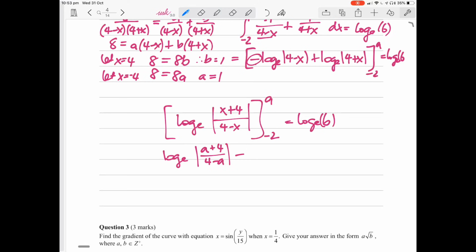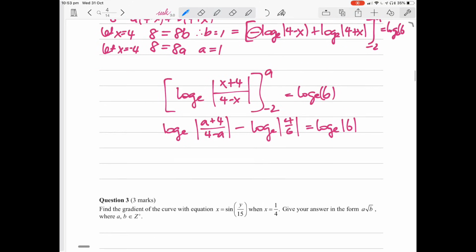minus, when I sub -2 in, log e of -2 is going to give me 4 on 4 plus 2 is 6. So 4 on 6. That equals log e of 6.